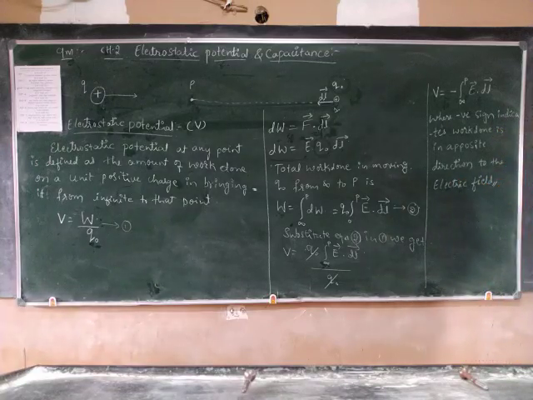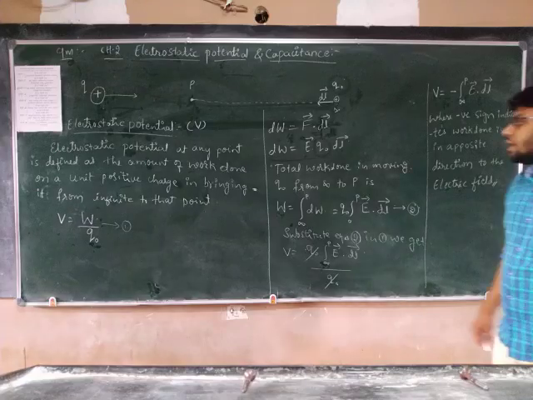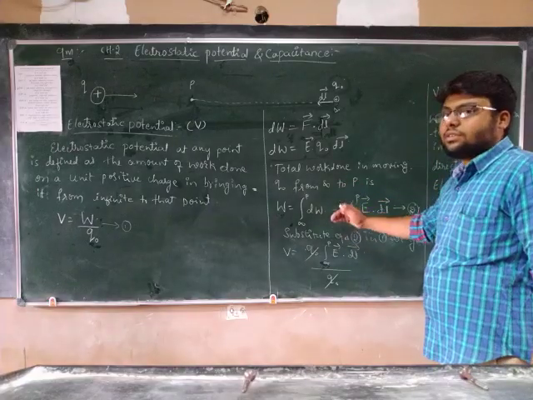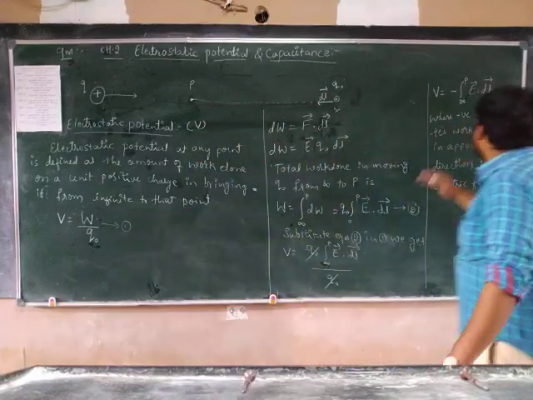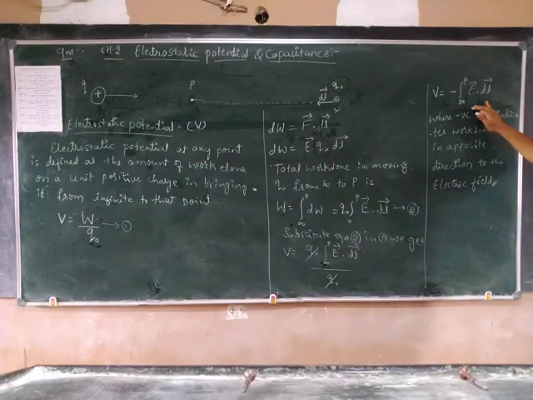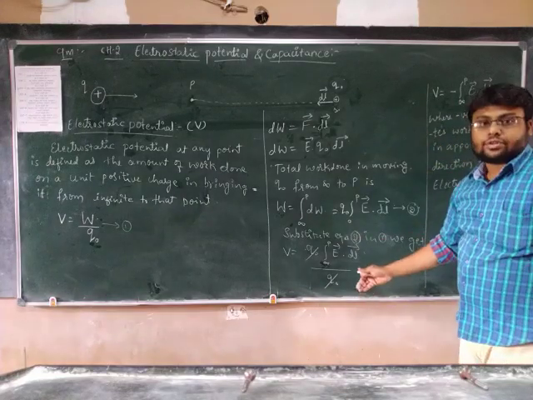In the notes I have skipped these steps. Directly after the first equation I have written this one in the notes. But how does this come? Through these steps. Okay?